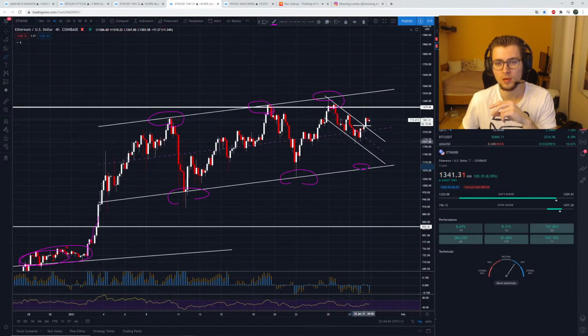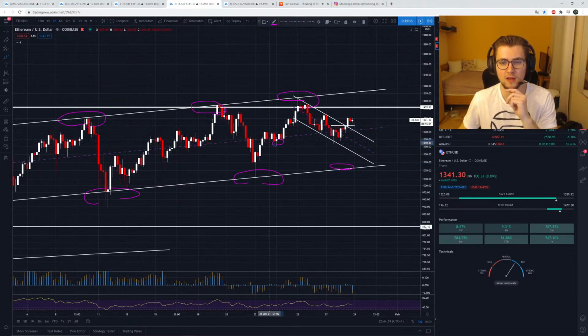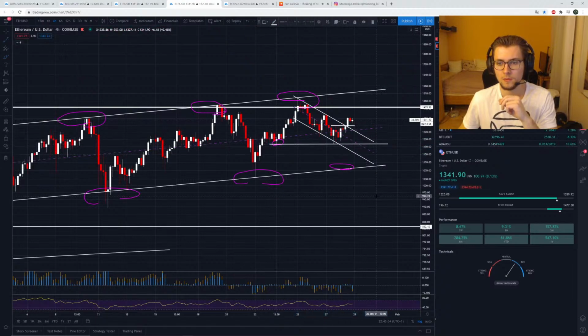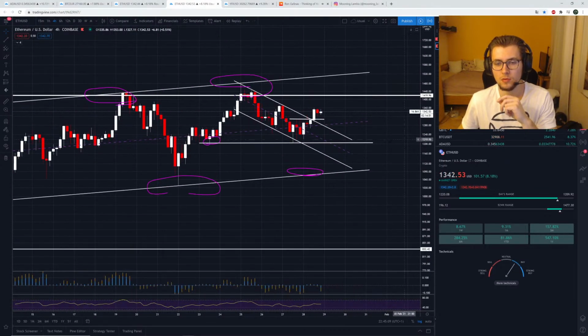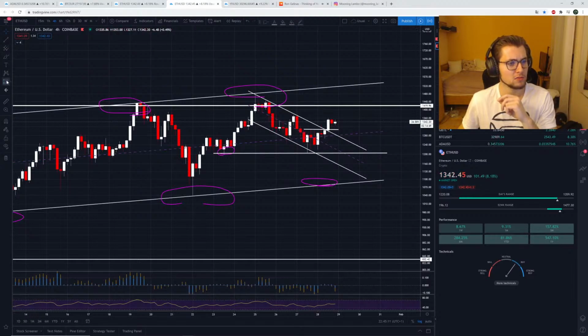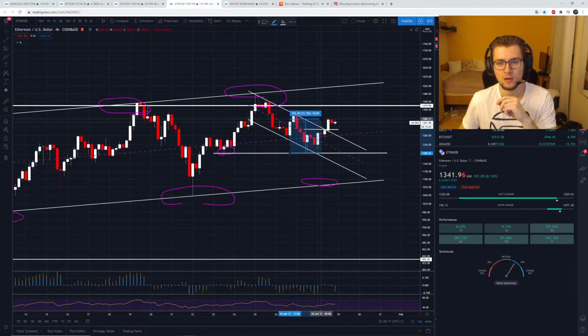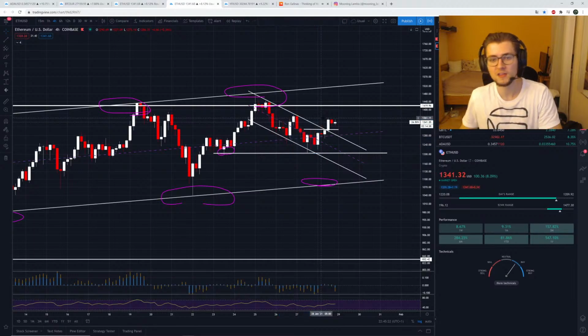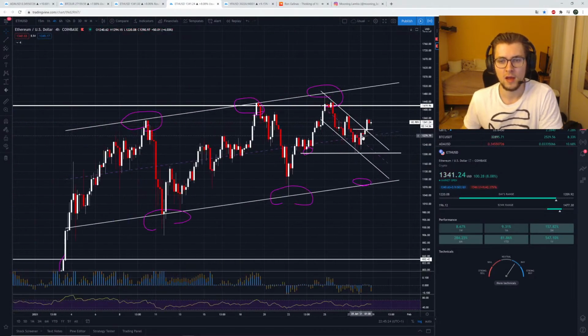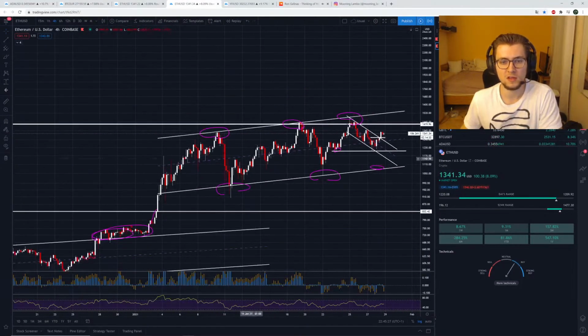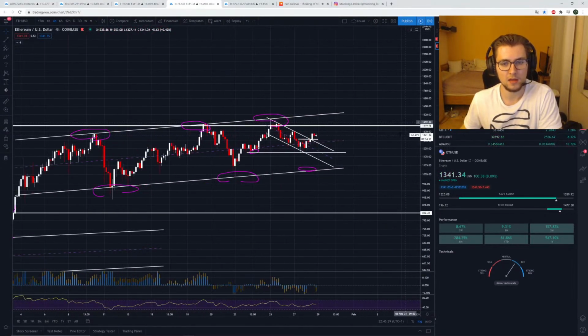I thought we would probably bounce somewhere in this midsection, and you can see how we nicely bounced off this horizontal support at $1,200, and since then moved up, I think like 12%, 14% more, 13%, and we are now currently at like 12%. So Ethereum, very nice gains here, and also you can see this ascending channel forming.